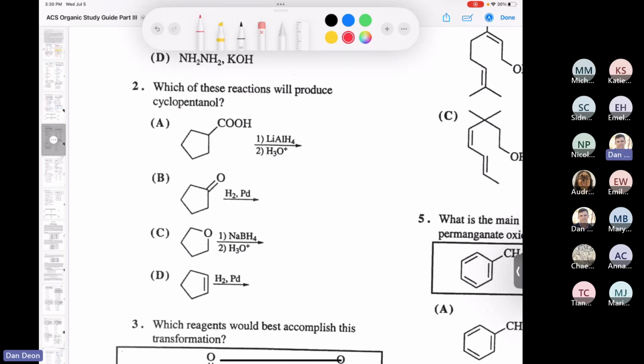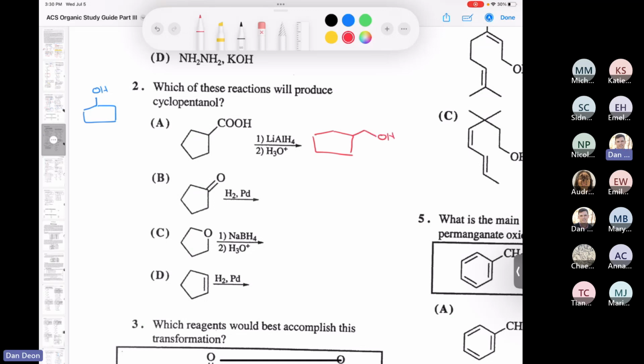Number 2, which of these reactions will produce cyclopentanol? So cyclopentanol is this compound here. If you have a cyclopentane, and then you have a hydroxyl on it. So the first one is reduction of a carboxyl group. But the problem with that is, yeah, you can do the reduction, but you're going to end up with this compound.